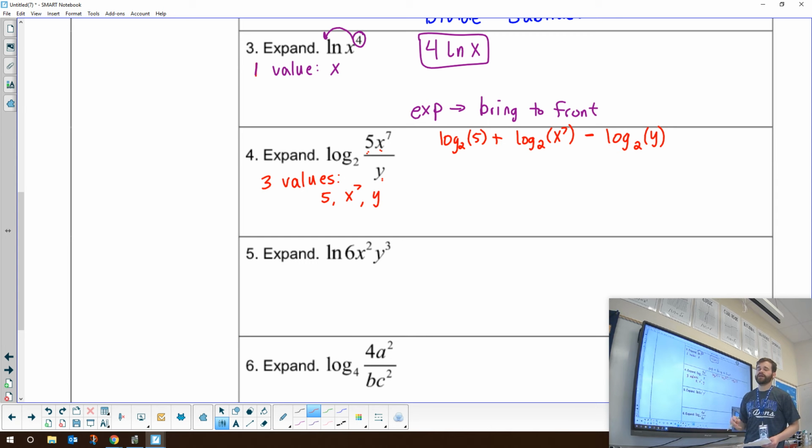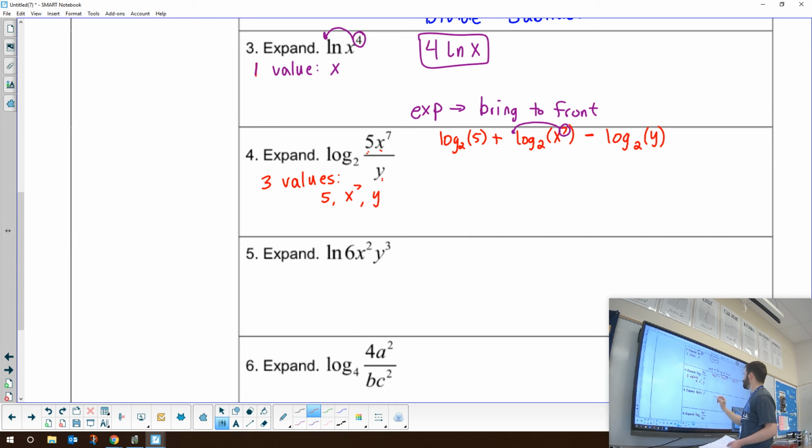Now, we're not done expanding this until we've taken care of expanding out my values, but then next we have to see if I can take any of my exponents and move them to the front. And you'll notice here that I have an x to the 7th that I can actually move to the front.